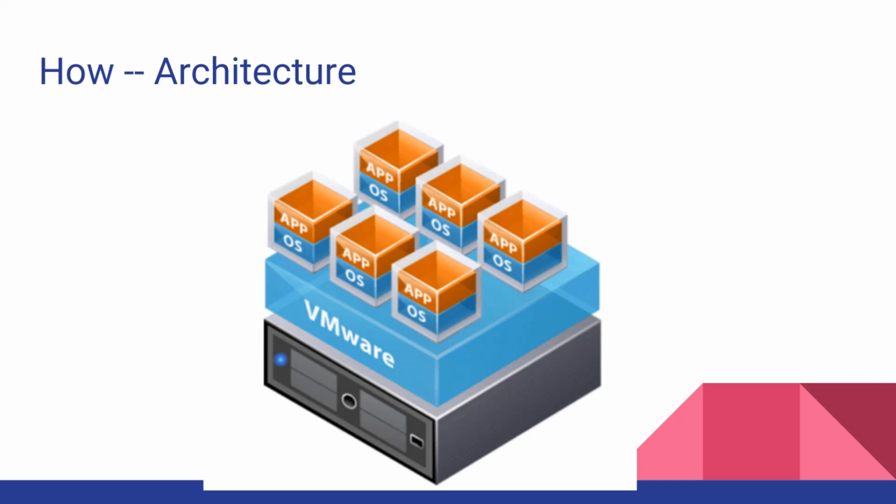But why do you choose this architecture? Because in the real industrial world, there are a lot of companies that use this architecture. Why? Because the VMware, this layer is very, very powerful.